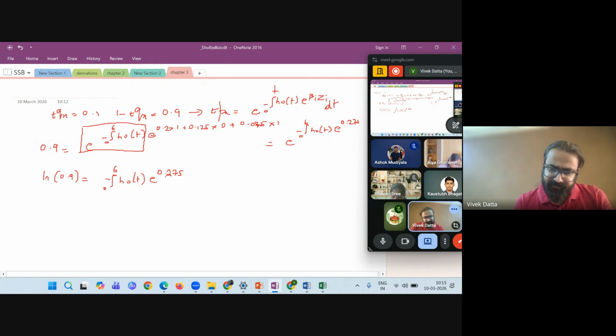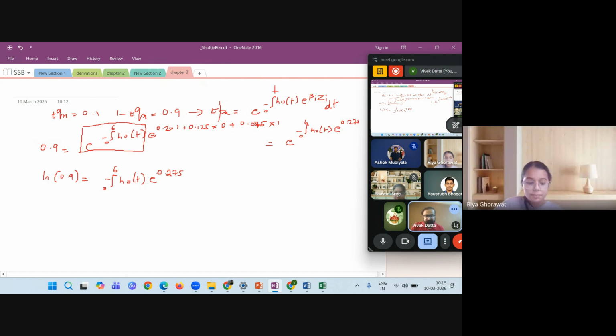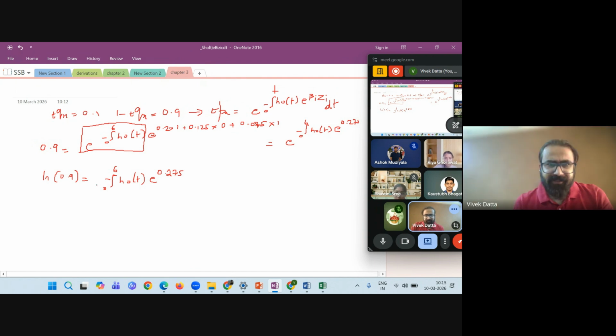Correct? Then I can solve for this. What is e raised to 0.275? ln of 0.9 divided by this. What do I get?